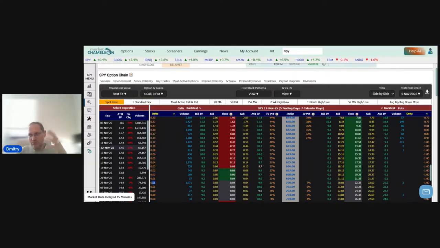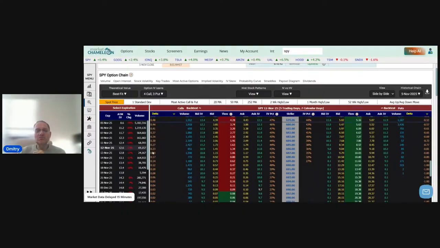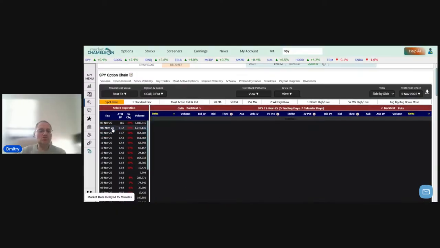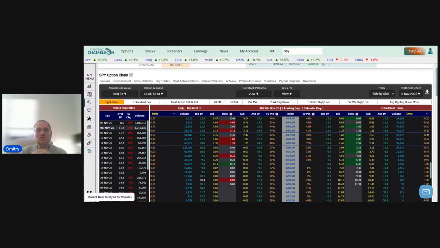So we could look at it from what kind of directional risk. In addition, the delta itself does not always correlate to the price, right? So here's a 27 delta for a price of an option of $1.72. We could find a similar delta. Let's go November 6th.